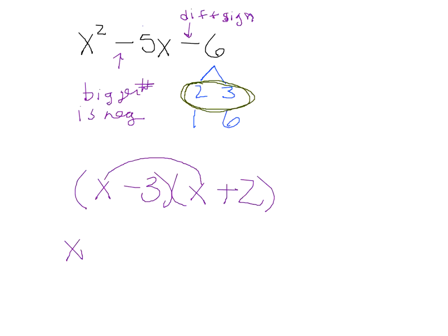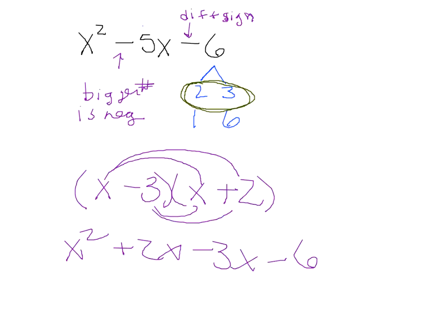So I get x squared plus 2x minus 3x minus 6. And what happens is that combines to give me a minus x, which is not what's sitting there. Right there is a minus 5x, and this is a minus 1x.